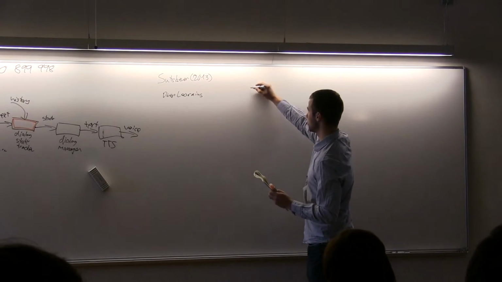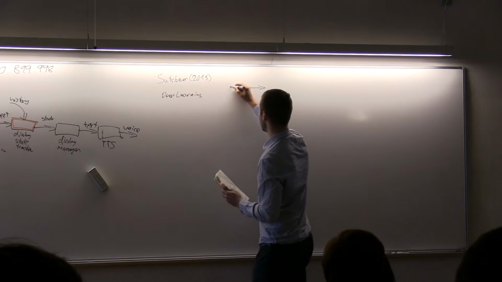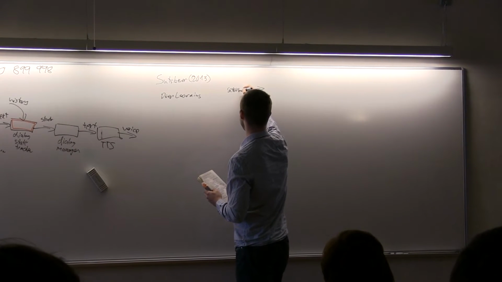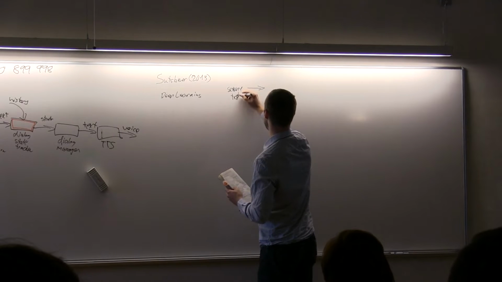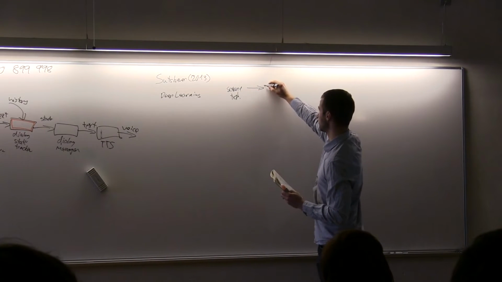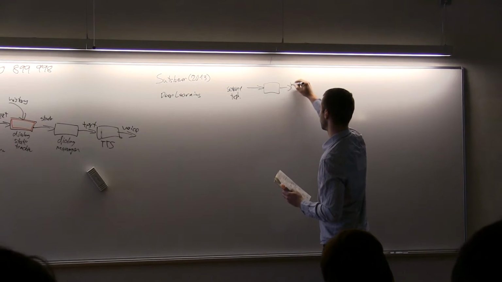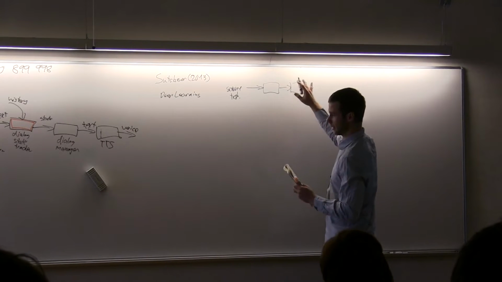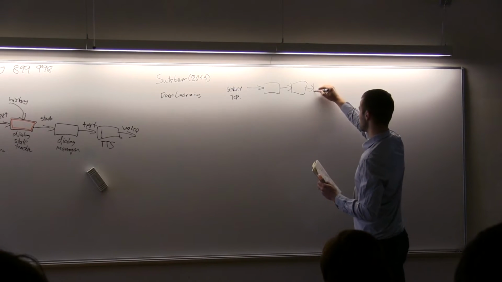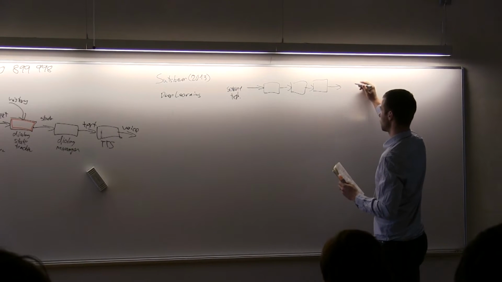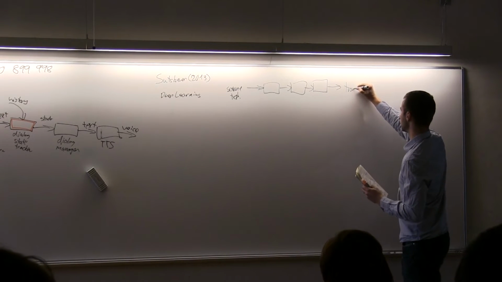So traditionally in machine translation, you have some source text, which you feed to a pipeline of I don't know how many components, but there are a lot of components, and at the output you get the translation.